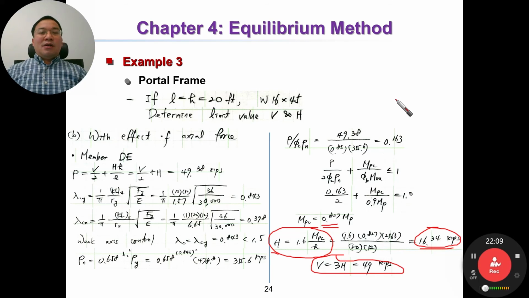Okay, so we already mentioned the analysis problem of a portal frame. We consider also the effect of tension force and axial tension force and axial compression force in the member.